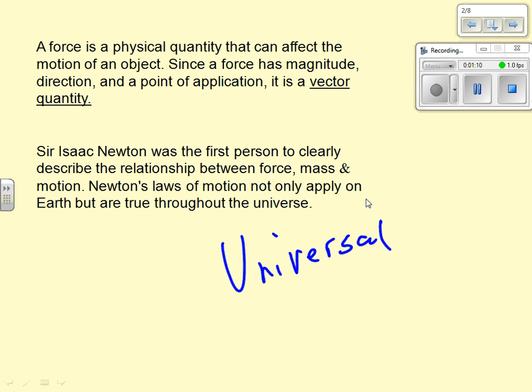Some special situations, and I won't get into it too much, but they are generally universal throughout the universe. If I push on filing cabinets on Pluto, filing cabinets push back on me. It doesn't matter where you are.